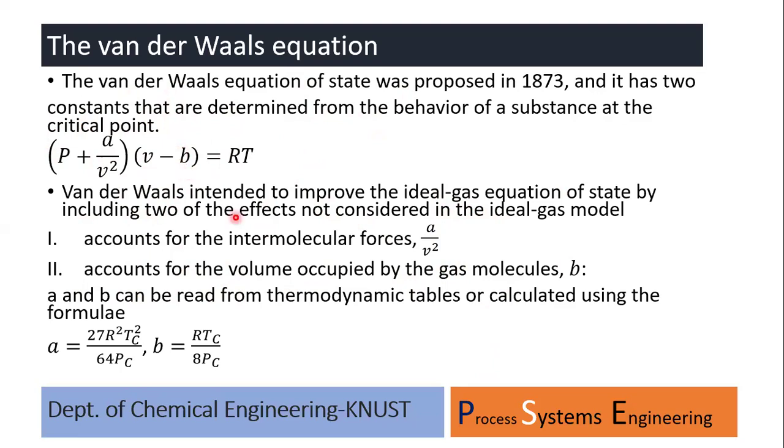So the volume occupied by the gas molecules is going to be that B term, so we put it in there. So when we have it, it's now something we can use to model real gases. Then this A expression, we can express it this way, or we can read it from tables. The same for the B, we can express it this way, or we can read it from tables, right?